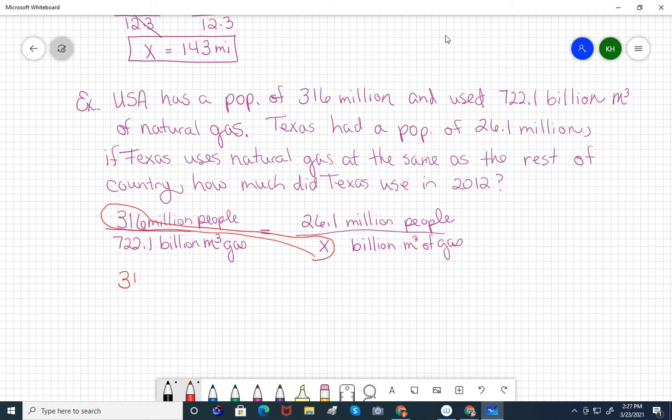So 316x equals, and then I have to multiply the 722.1 times the 26.1.